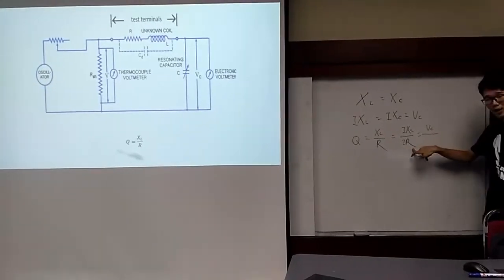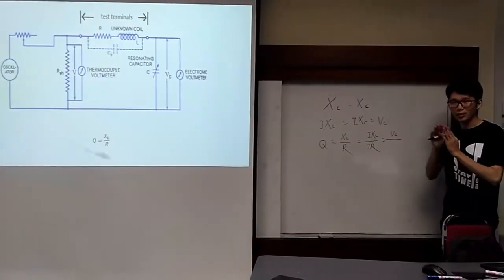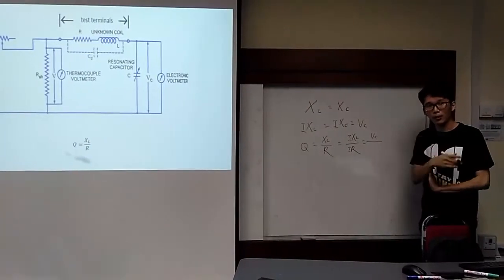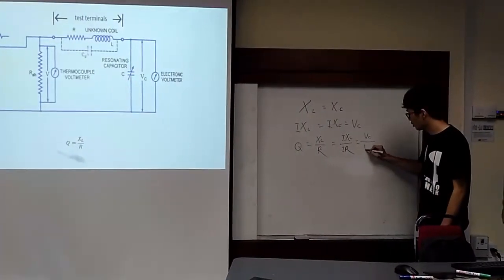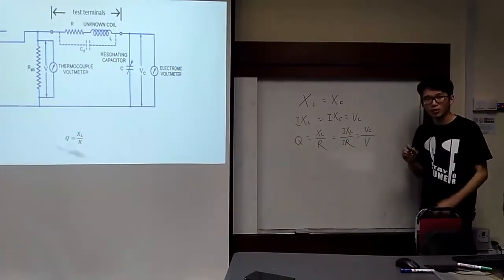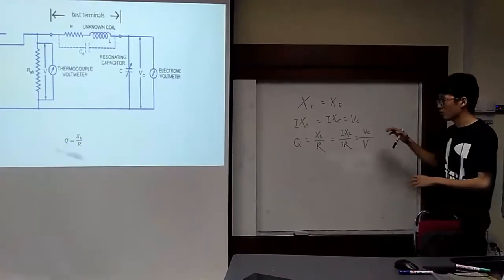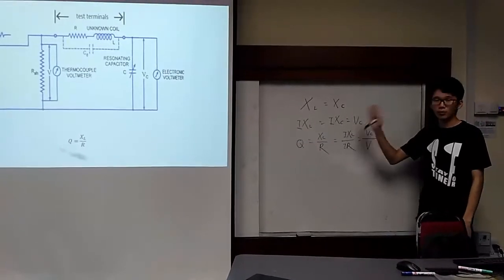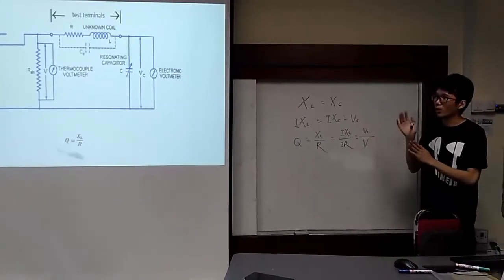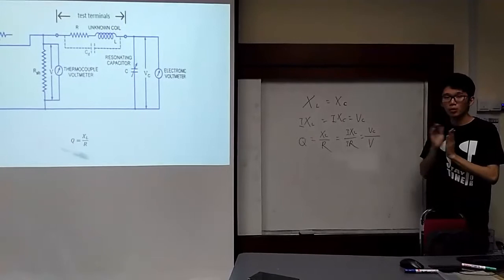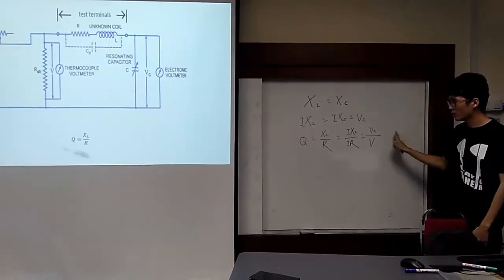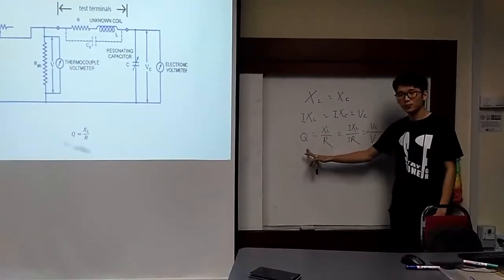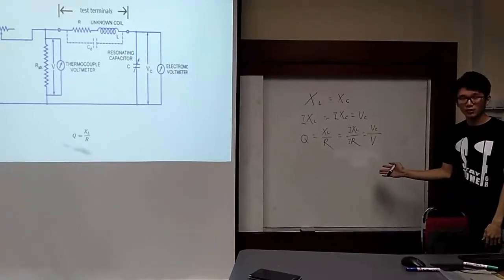Then I R is equivalent to the supply voltage, which is V. So as I mentioned, the VC we can get from the electronic voltmeter, and the V we can obtain from the thermocouple voltmeter. From here, the Q factor can be determined.